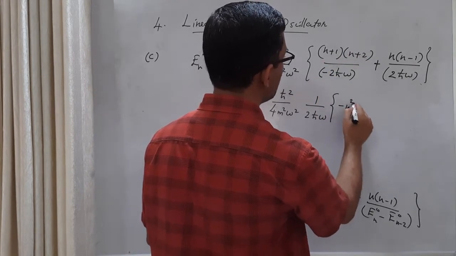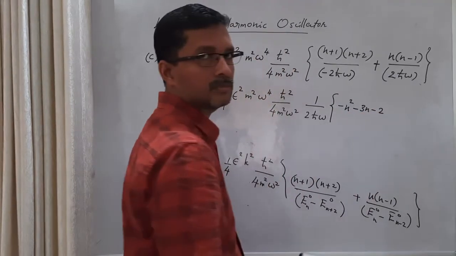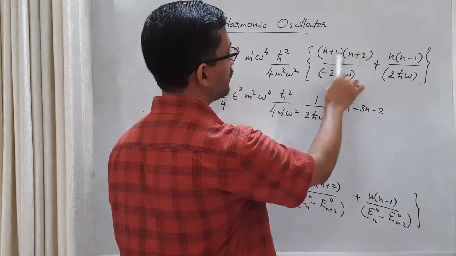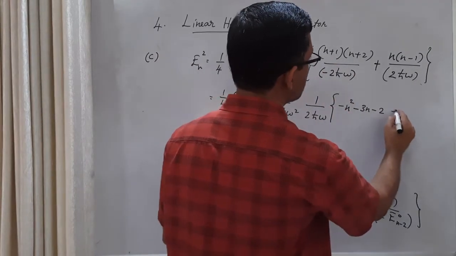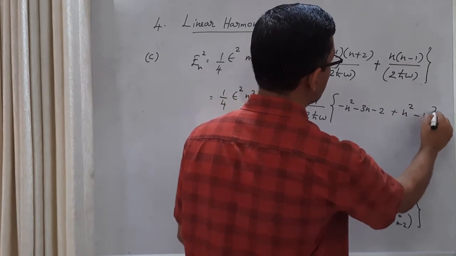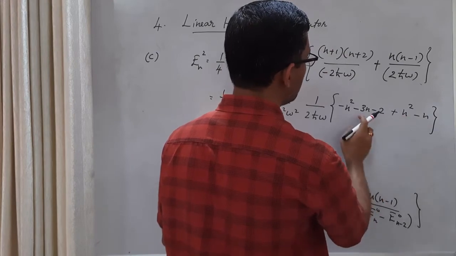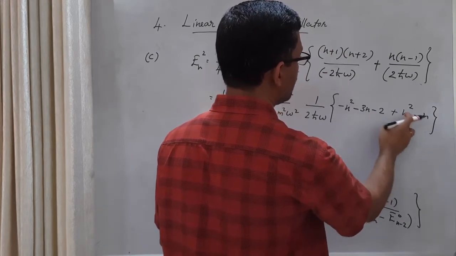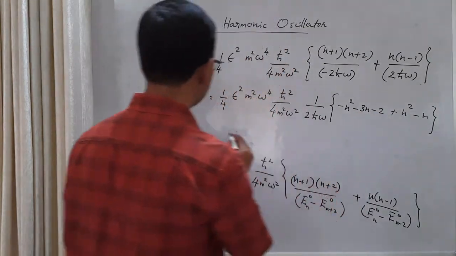So minus n square minus 3n minus 2. That is the expansion of n plus 1 into n plus 2 with all minus sign. Plus, this is plus, so we have n square minus n. So this minus n square and plus n square will cancel. Minus 3n and minus n will be minus 4n. So we have minus 4n minus 2.